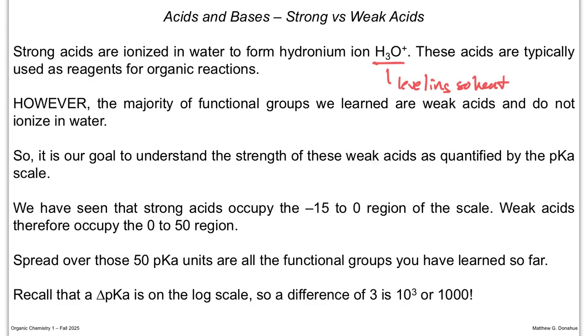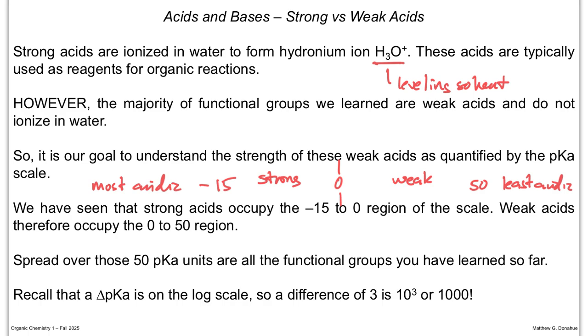So the pKa scale, we'll draw it here, say most acidic. Let's say negative 15, then we have sort of 0, and then 50, least acidic. So the 0 in that scale is kind of the separation between strong and weak. And remember that it's a log scale.